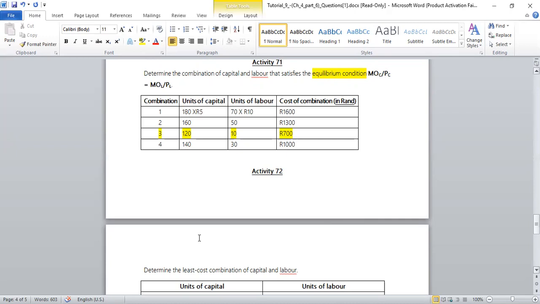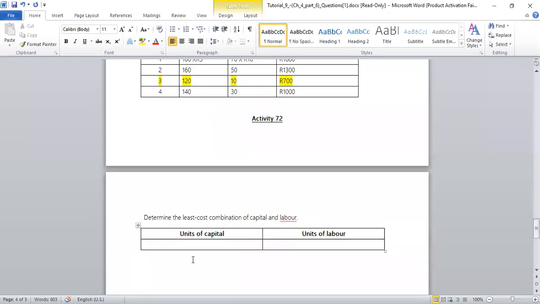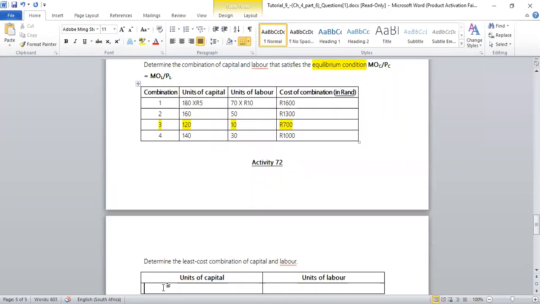So in that combination, how many units of capital and how many units of labor? 120 units of capital and 10 units of labor.